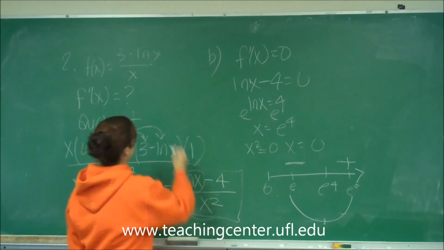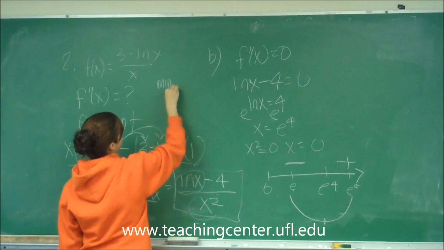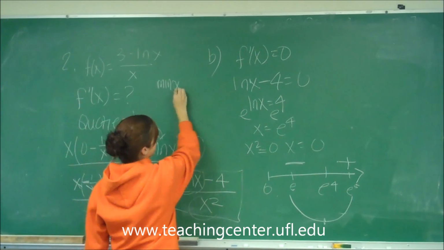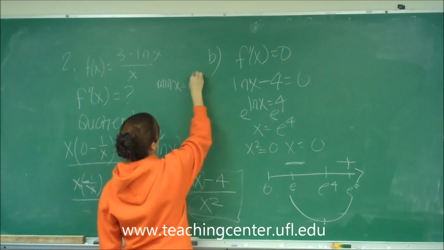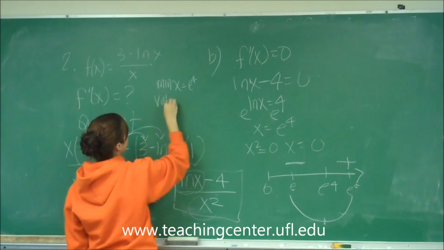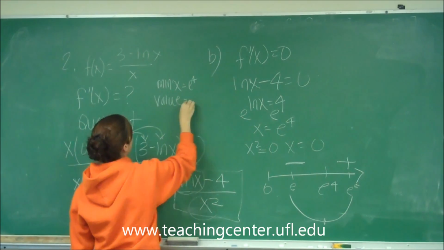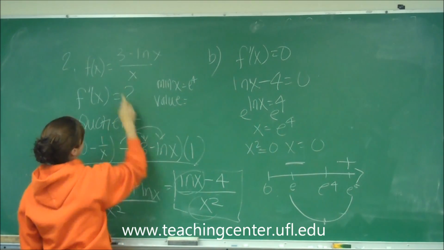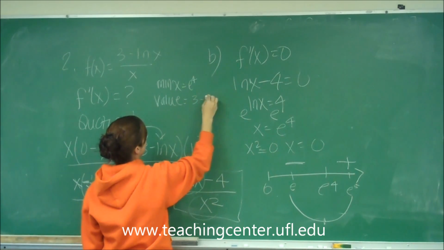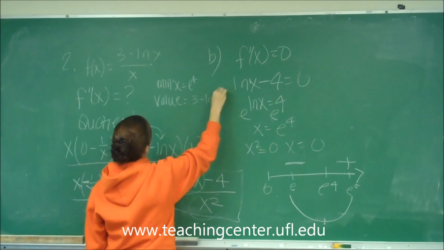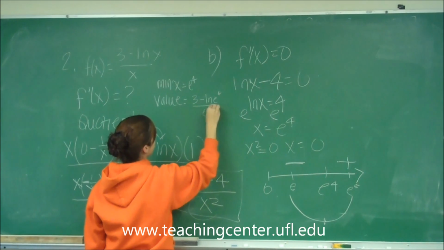So we have a min at x equals e to the 4th, and for the value, we plug it into the original equation. So we'll have 3 minus ln e to the 4th over e to the 4th.